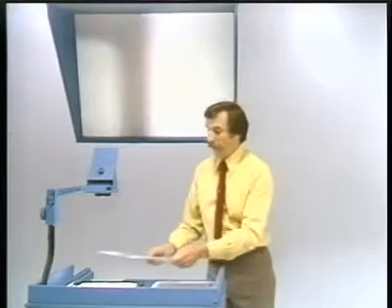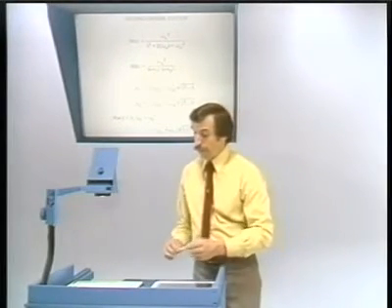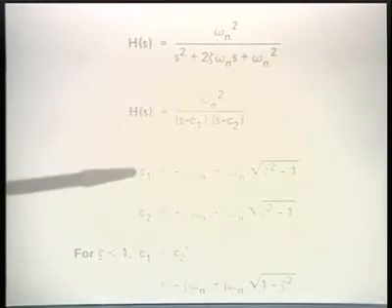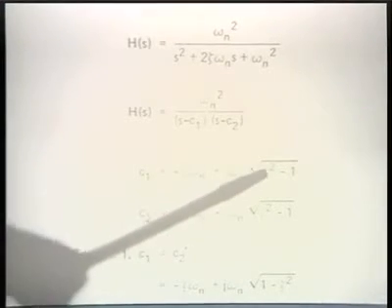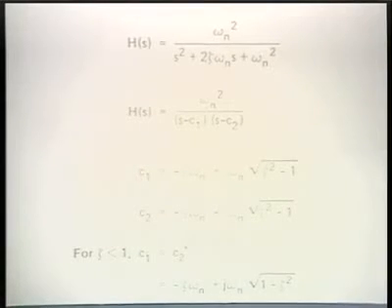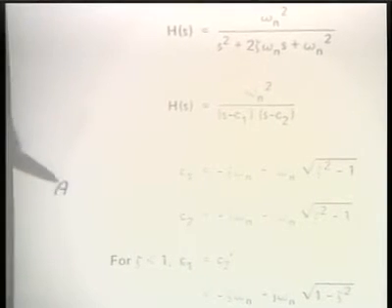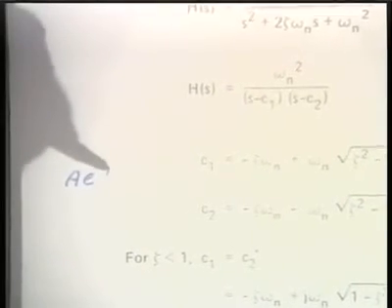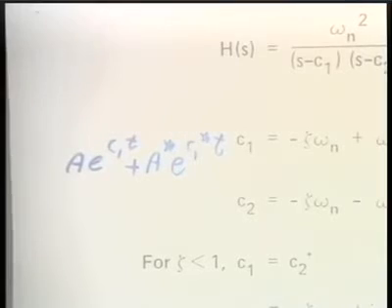Now, in the time domain, we have these complex roots, which I indicated previously, where this represents the imaginary part because zeta is less than 1. And in the time domain, we will have a form for the behavior, which is a e to the c1t plus a conjugate e to the c1 conjugate t.